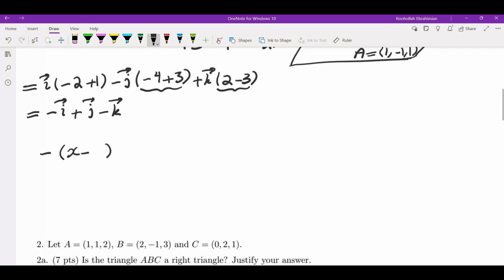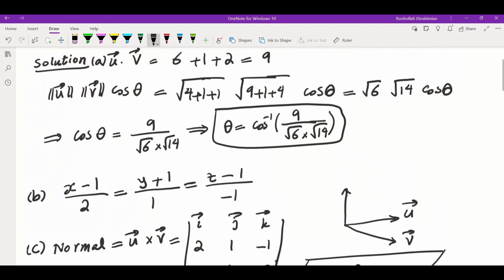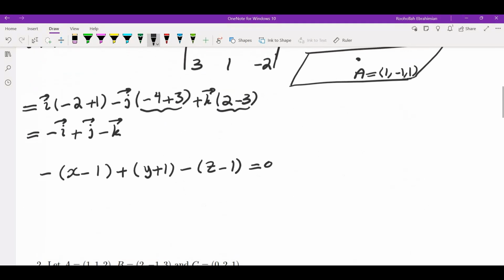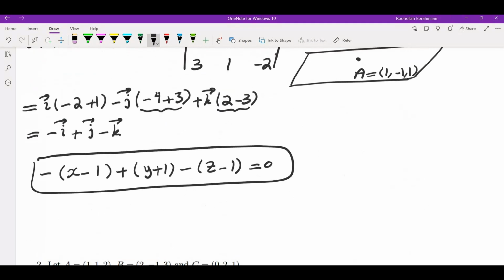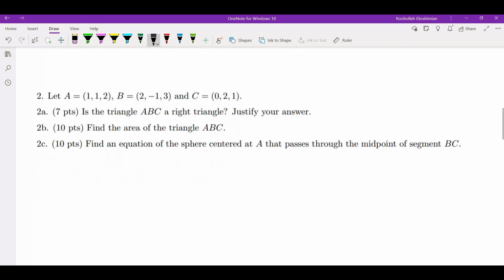Yep. So minus (x minus 1) plus 1 times (y minus negative 1) plus minus z times (z minus 1) equals 0. And they didn't ask us to simplify, so this would be our answer. So let's move on to the next problem.